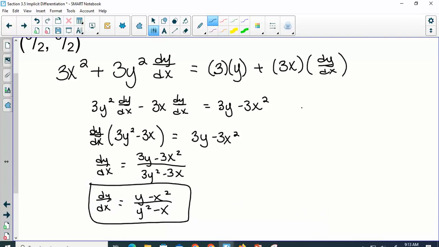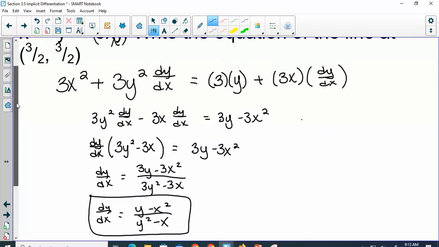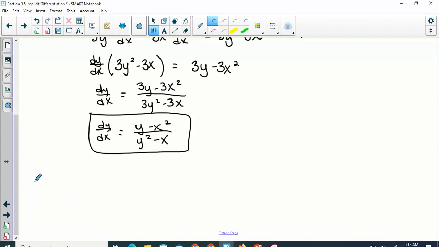We had a little more work to do at the end to solve for dy/dx, but it was a lot easier to do that versus trying to solve for y before we did the derivative. Then I asked for the equation of the tangent line. So we know we need a point and a slope. My point was (3/2, 3/2).